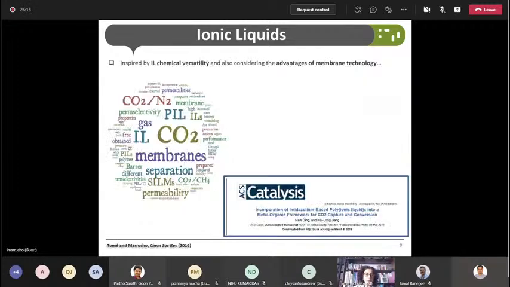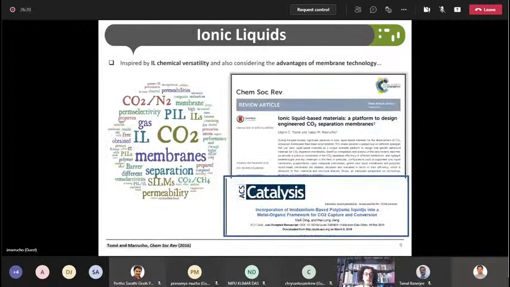Okay, so we have published a paper on ionic liquid-based materials to separate CO2. And a recent review just came out on how to use adsorption materials together with ionic liquids to improve the performance of carbon dioxide membranes.